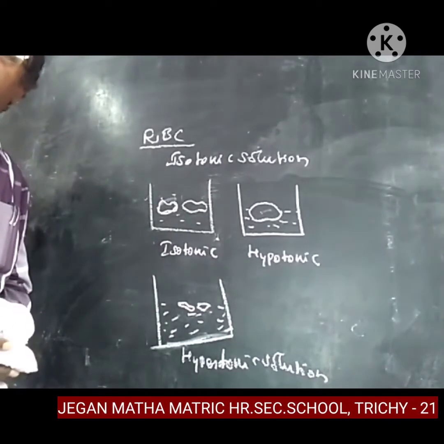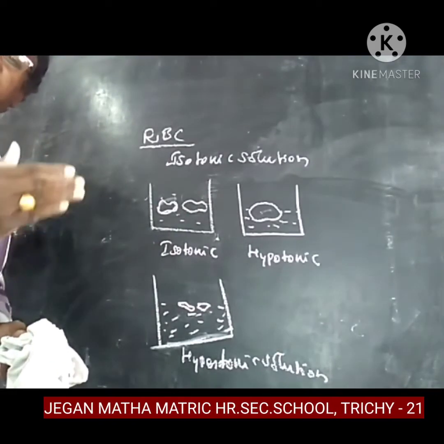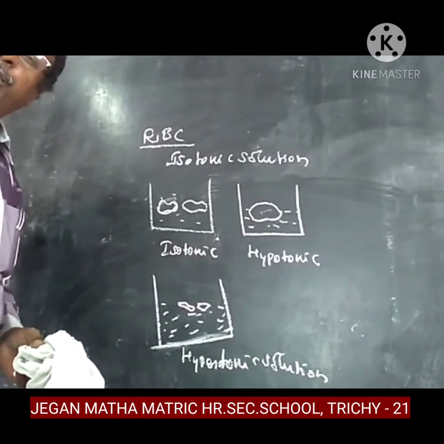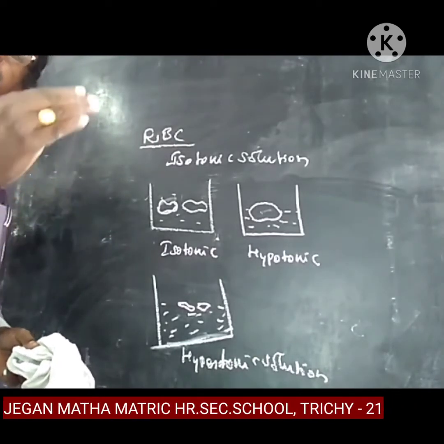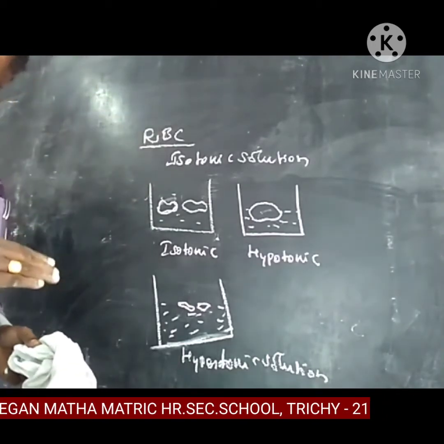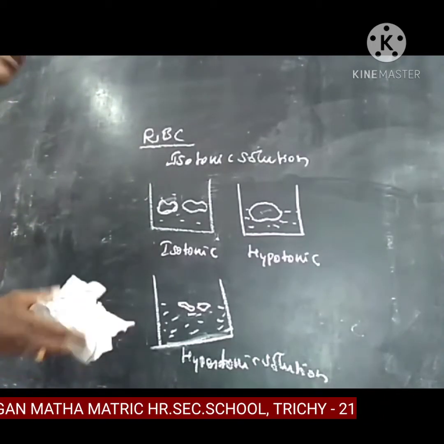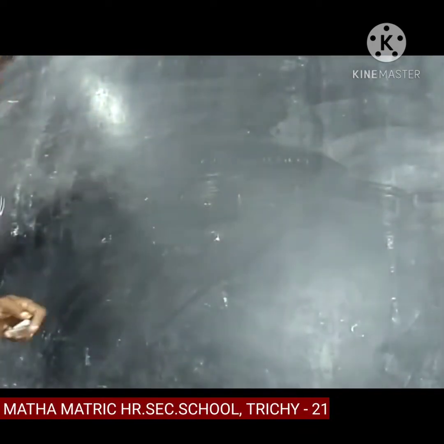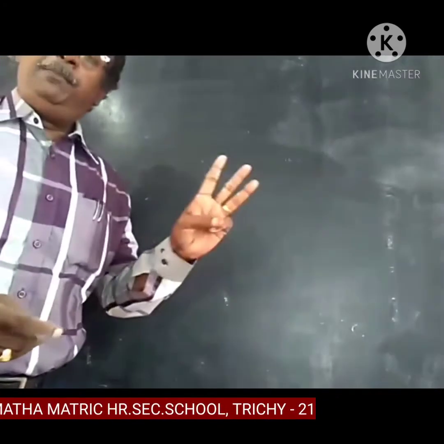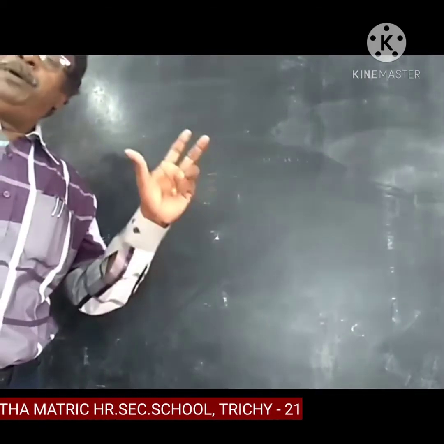So in osmosis, the solvents move from a dilute solution to a concentrated solution through the semi-permeable membrane until equilibrium. This is called the osmosis process. There are three types of solution.